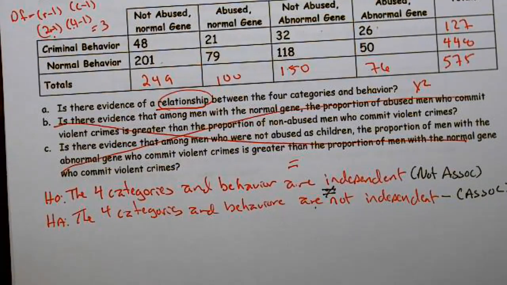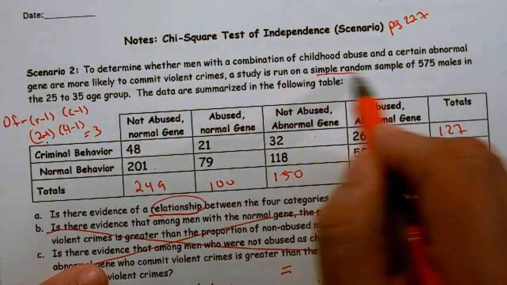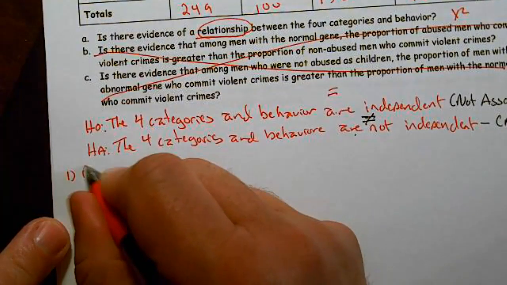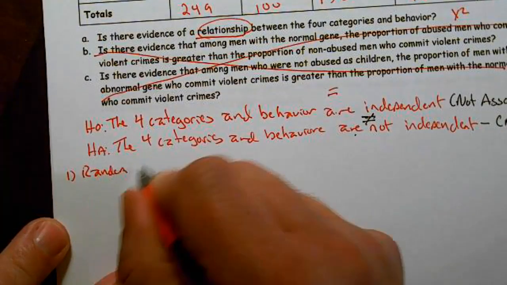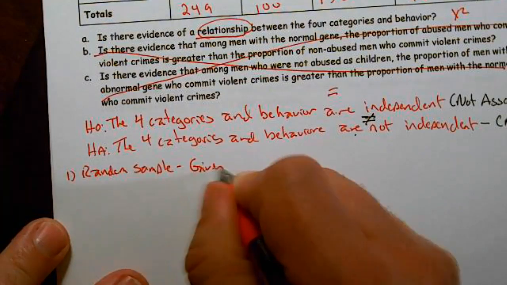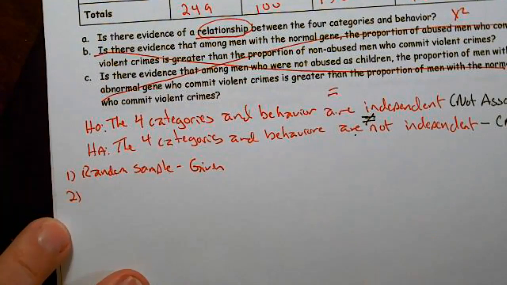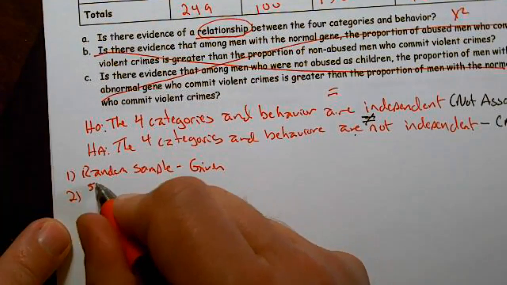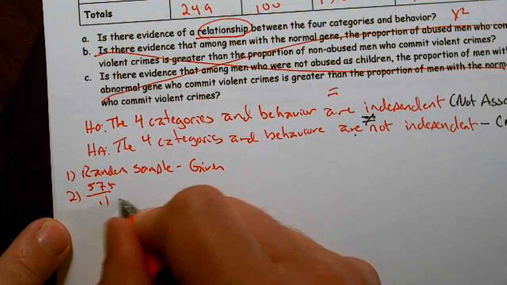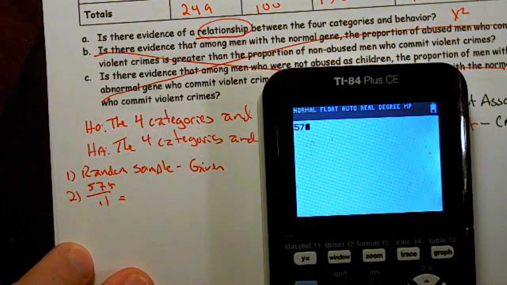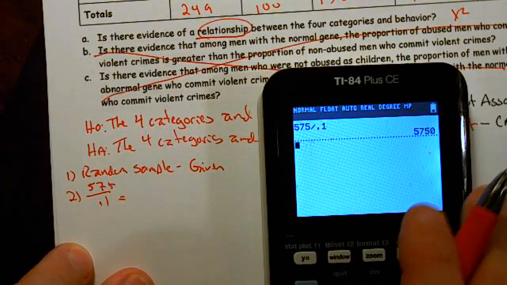Our conditions. The first one, random sample. Well, up here they said simple random sample, that's good. So first one, random sample given. The next one, N needs to be less than 10% of the population. Our sample size is 575, so 575 divided by 0.1 is 5,750.